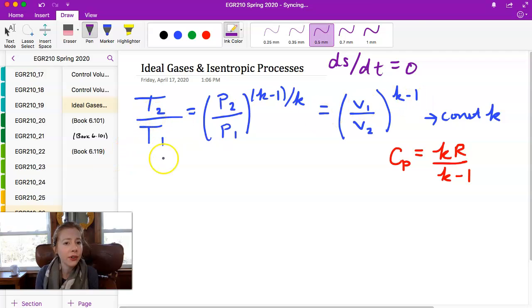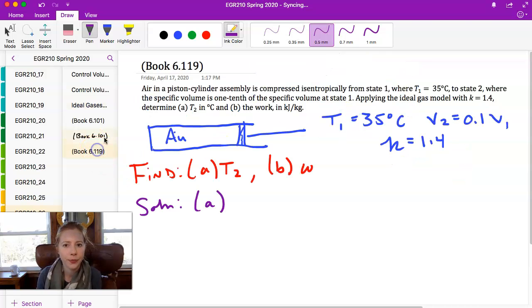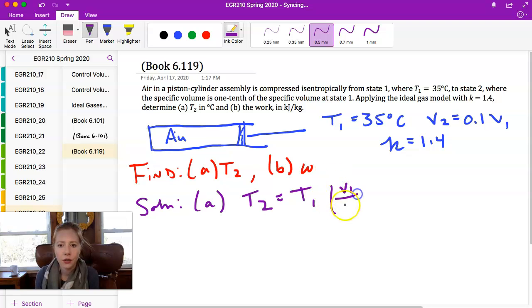So we can use T2 over T1 is equal to V1 over V2 to the K minus 1. So let's do T2 is equal to T1 times V1 over V2 to the K minus 1.